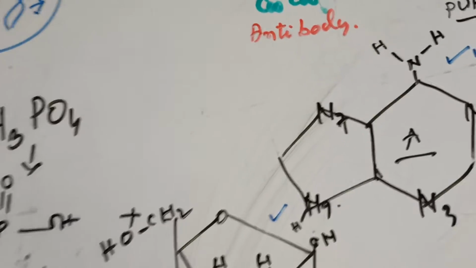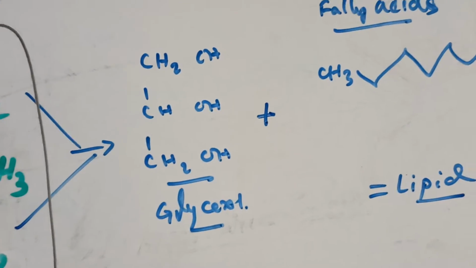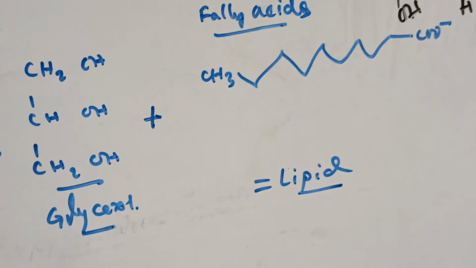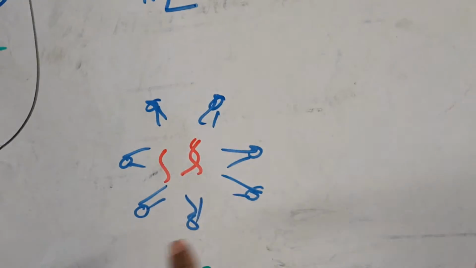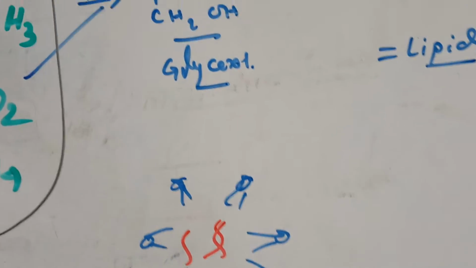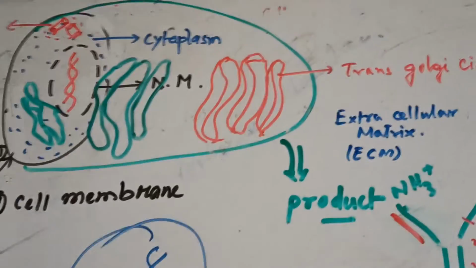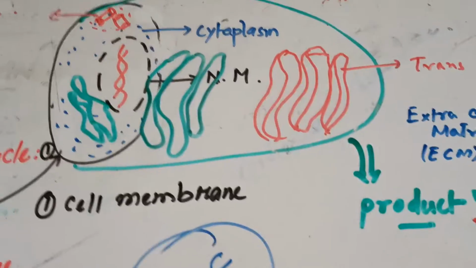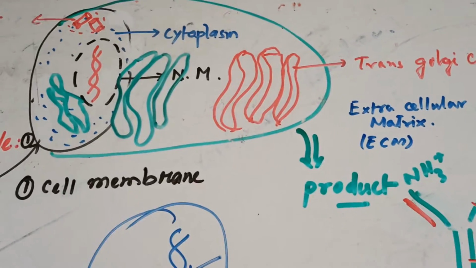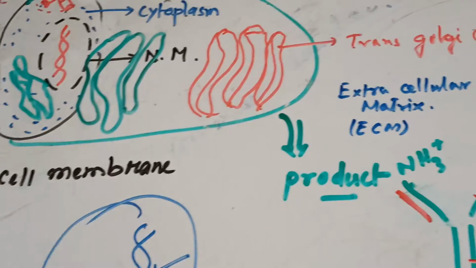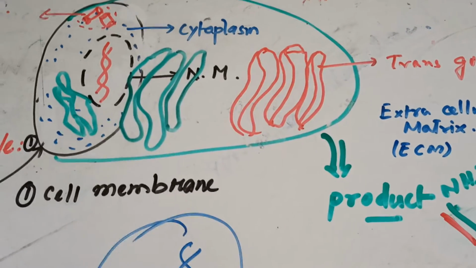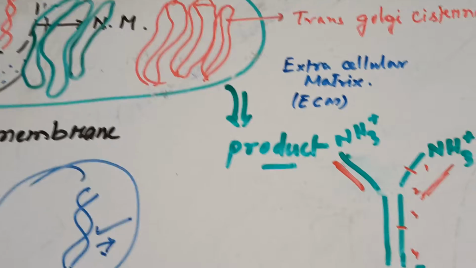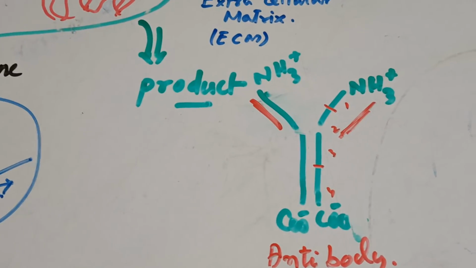And our cell membrane is of glycerol and fatty acid. So this will form a primitive cell, but our cell has a particular purpose in our body. So suppose it is a B cell, plasma cell, it will produce a particular type of antibody.